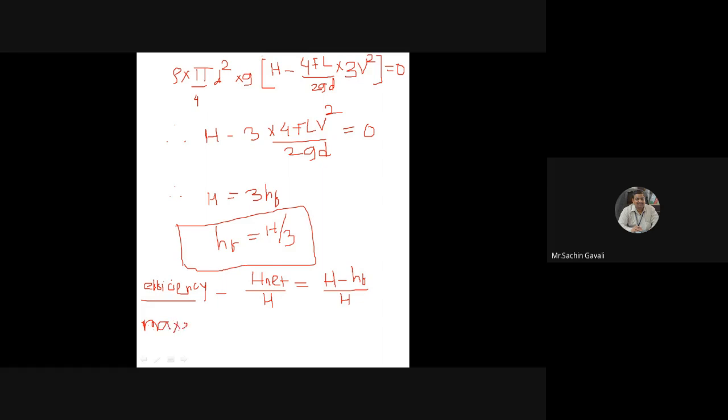So it is H minus H by 3 divided by H, which is equal to 2 by 3, that is 0.66, or 66%. So the efficiency of power transmission is 66%.